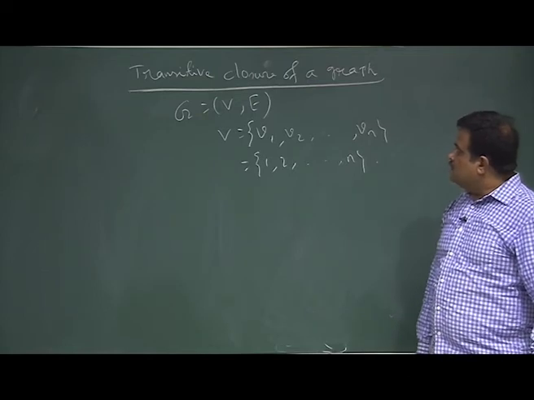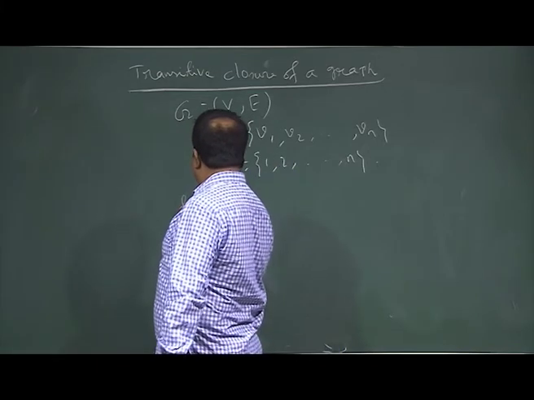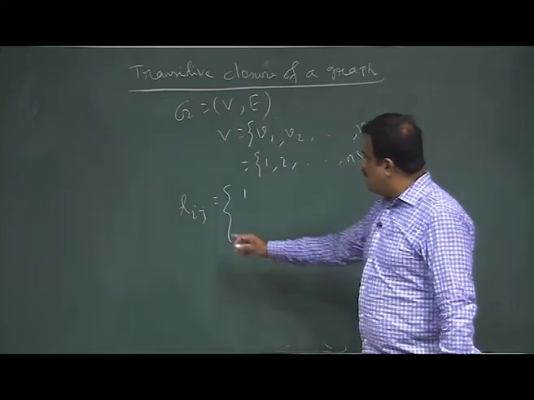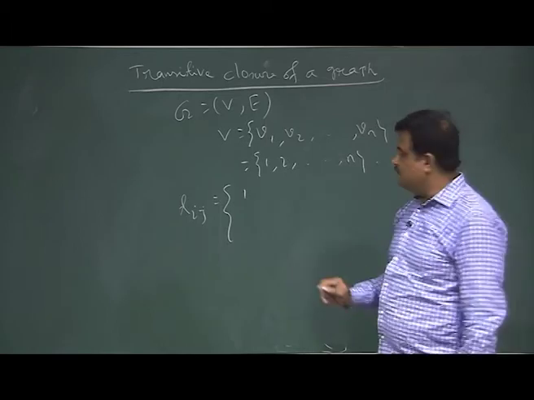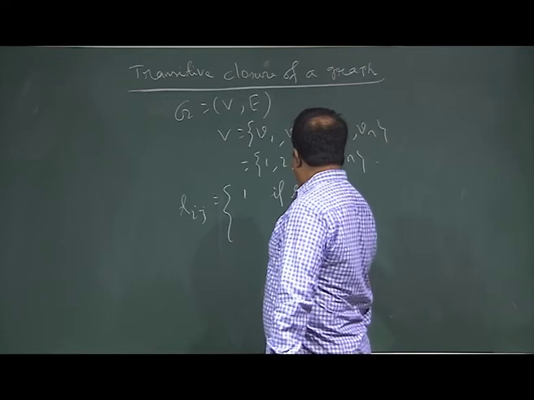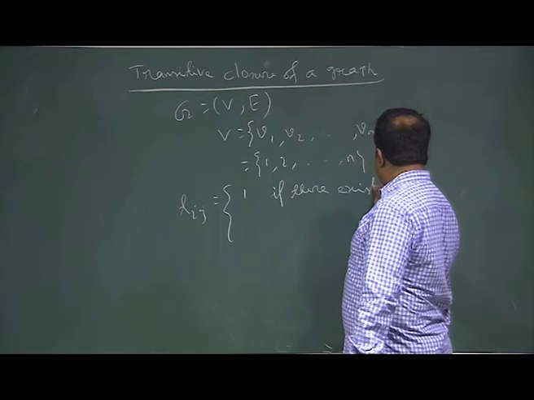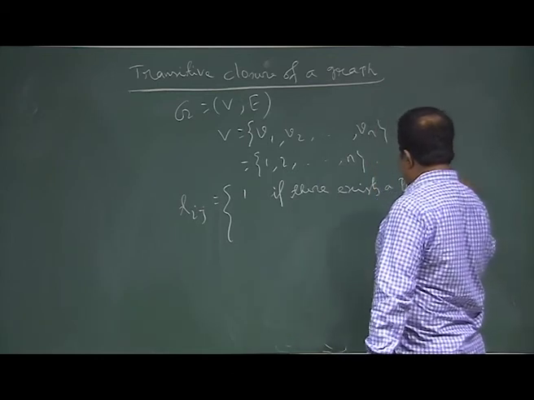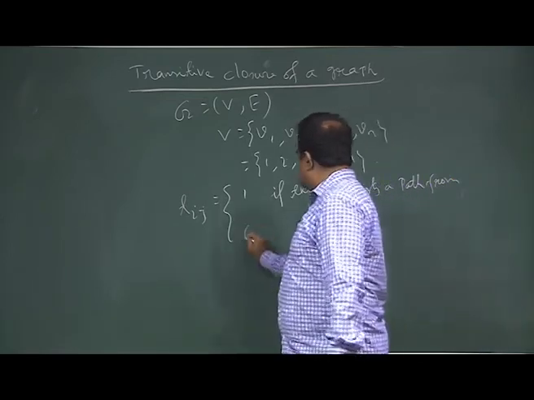Now we define Tij to be 1 if there exists a path from the ith vertex to the jth vertex, otherwise it is 0.